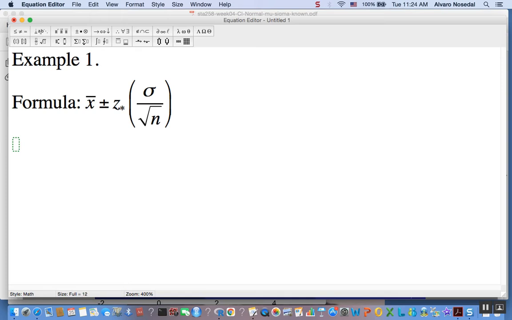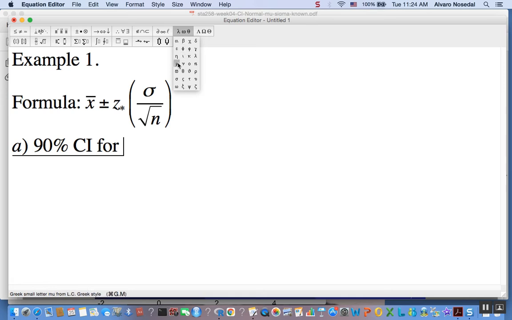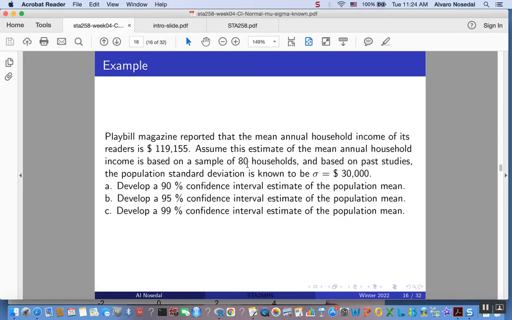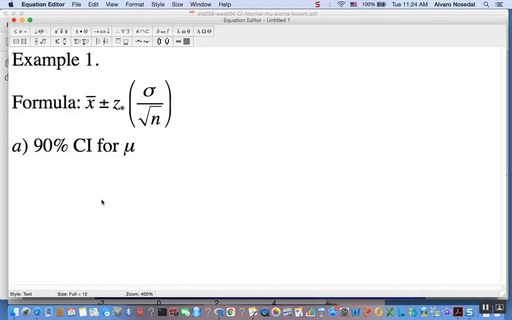For part A, what we want is a 90% confidence interval for mu. And mu represents the mean, the average annual household income. That's our parameter of interest. So let's go back to get the information that we need. The sample size is 80.